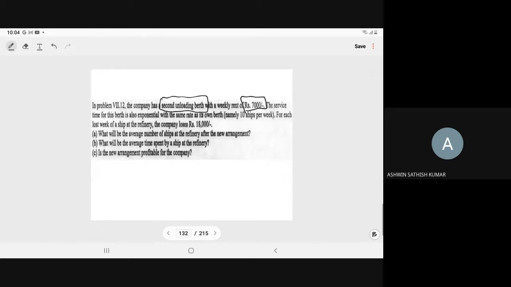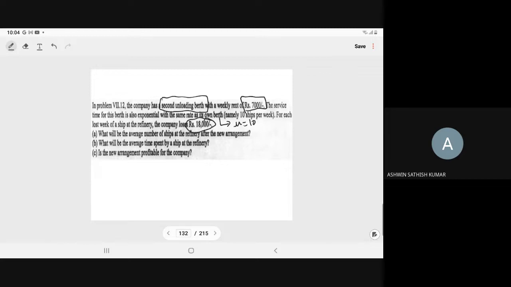The service time of this berth is also exponential with the same mean rate as its own berth, means both have the same service rate, that is mu is equal to 10 ships per week. For the lost week of the ship at the refinery, the company loses 18,000. If the company is not able to unload the ship, then the company has to face a loss of 18,000.